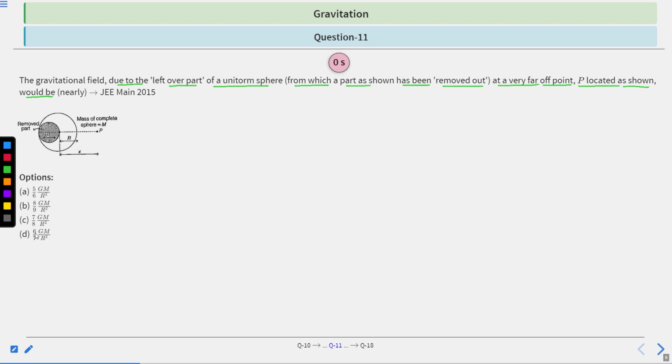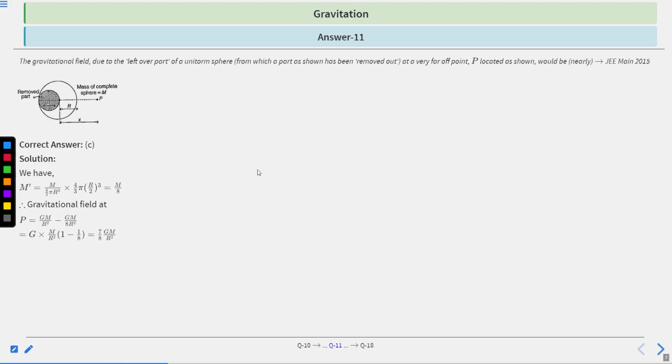Let's find a solution. According to the question, the gravitational field is due to the leftover part of a uniform sphere from which a part as shown has been removed. Here this is the removed part. The mass of the complete sphere is M, and R is the radius.